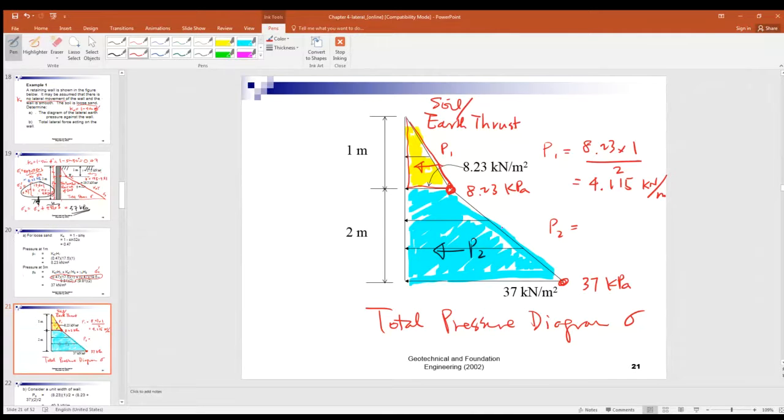And what's the area of the blue trapezium here? It gives you the total earth thrust acting on the lower 2 meters of the wall. The area of the trapezium, right? The B plus B divided by 2 times H gives you the area of the trapezium.